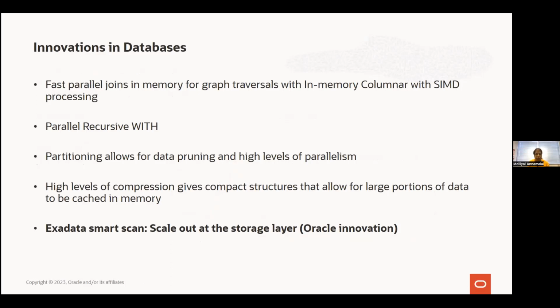Like I said, I talked about joins and what makes joins faster. We have all of these fast parallel joins, special structures to do this fast in memory, parallel recursive WITH. Partitioning has been a great innovation in Oracle, where you prune data at a very basic level and only use the data that you really need, and compression to give compact structures.